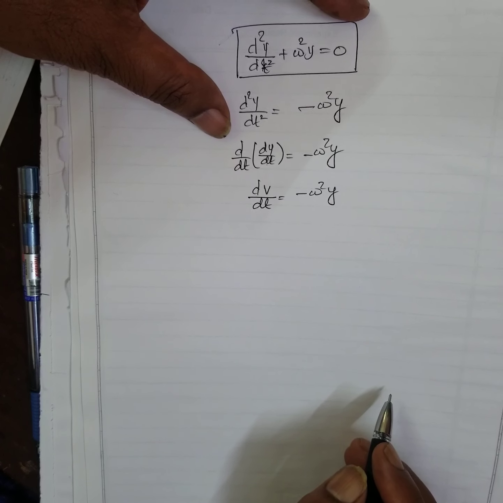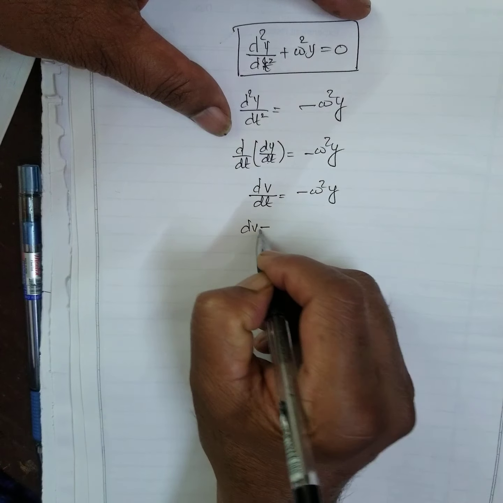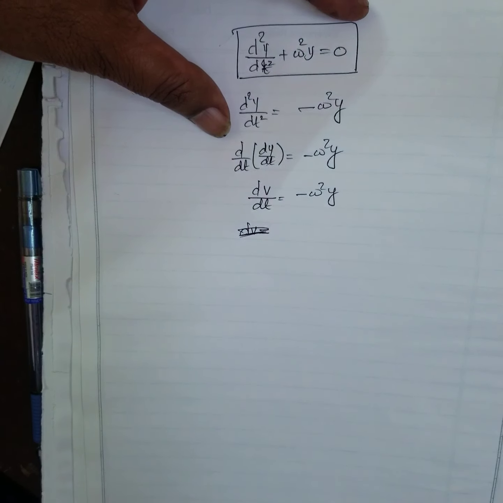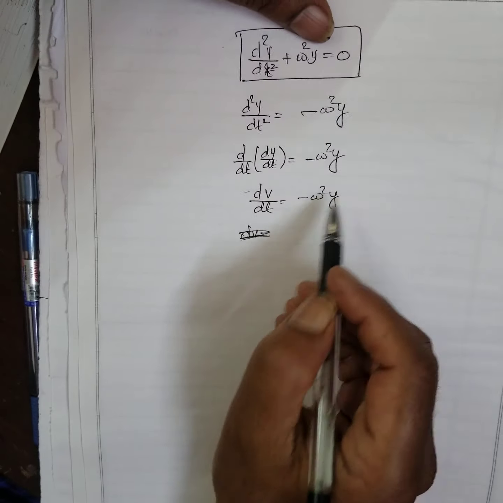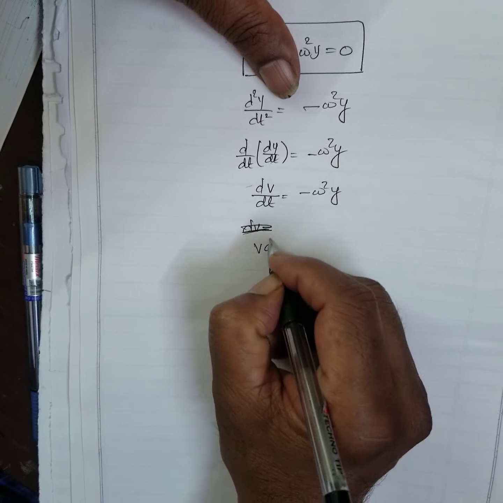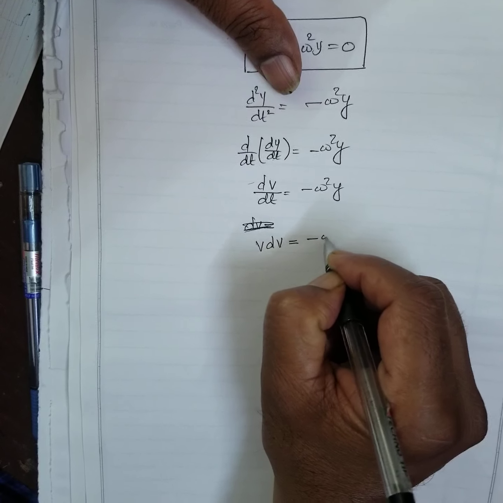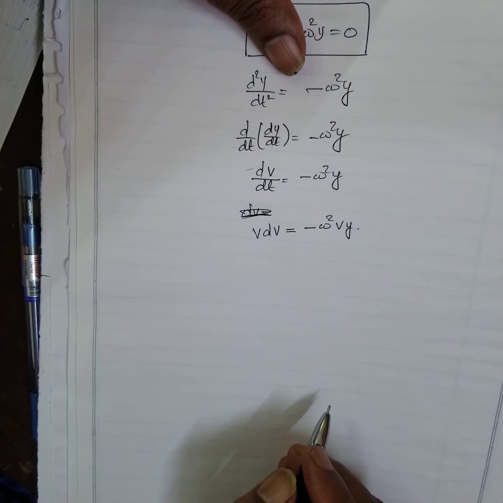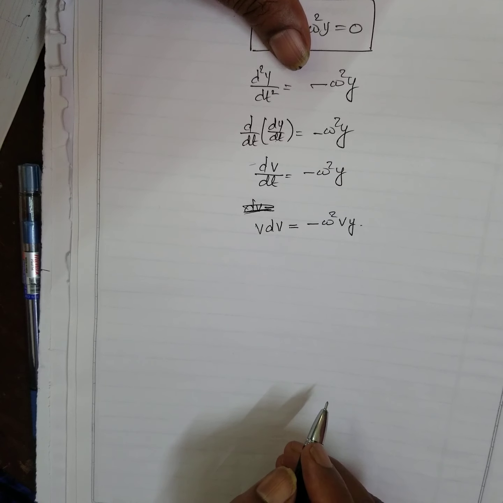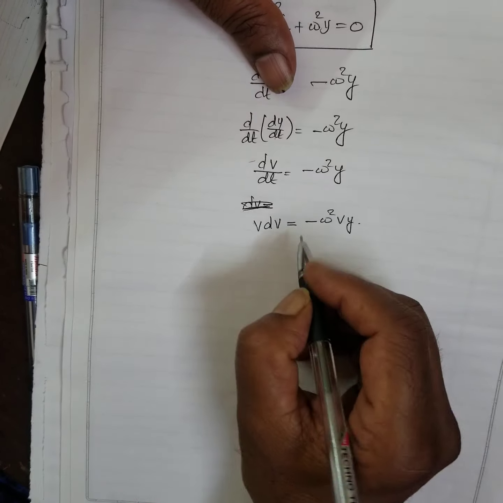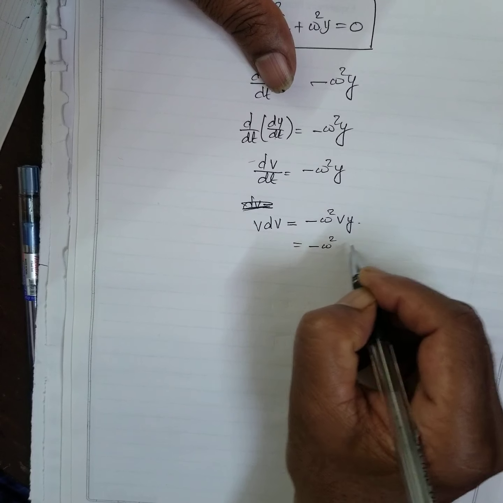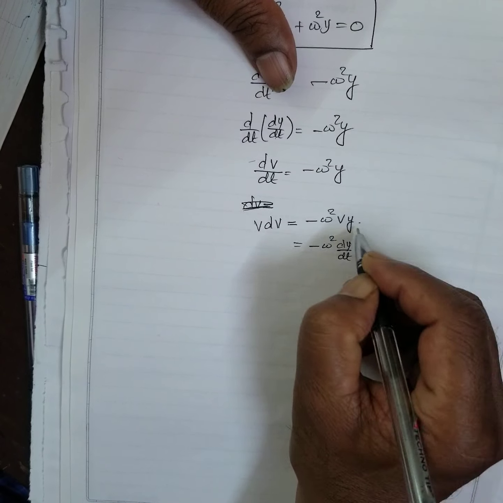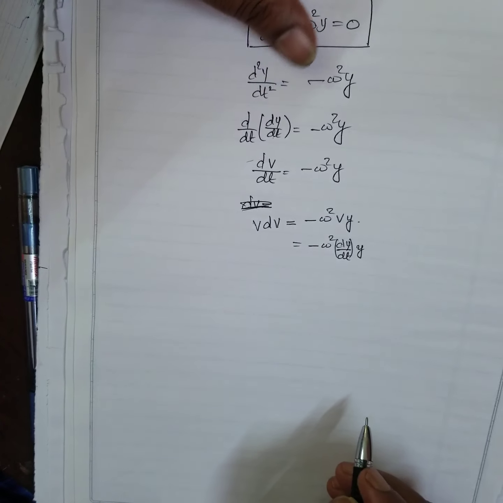Here v is there. Suppose I multiply both sides by v. Let us see what happens. Here minus omega square y, and v is what? dy over dt. Can write like this, is it not?